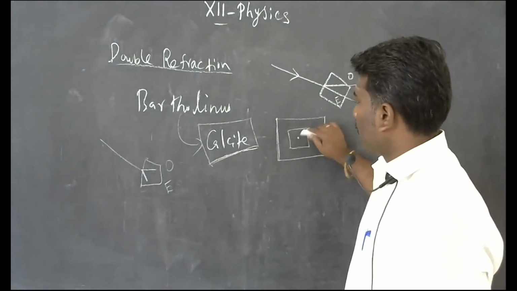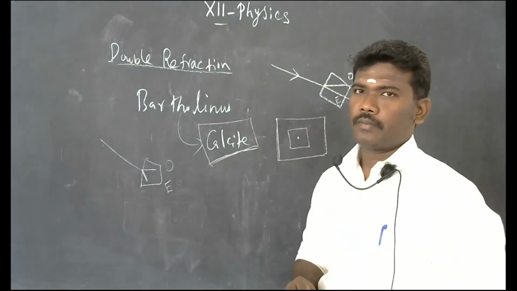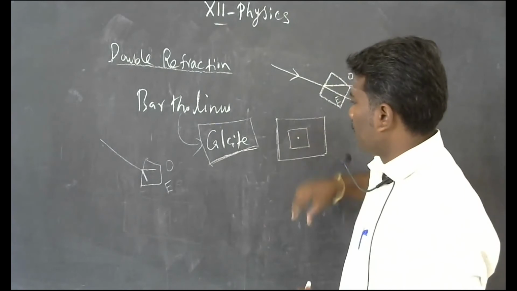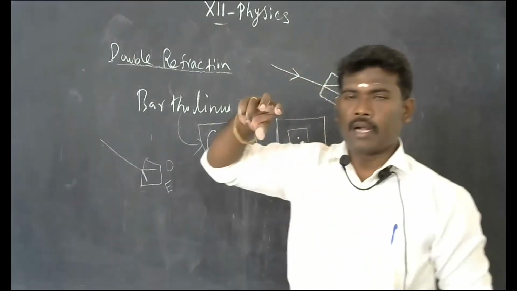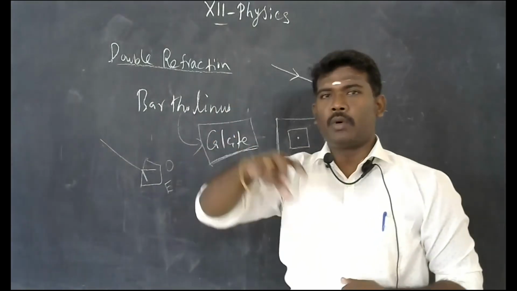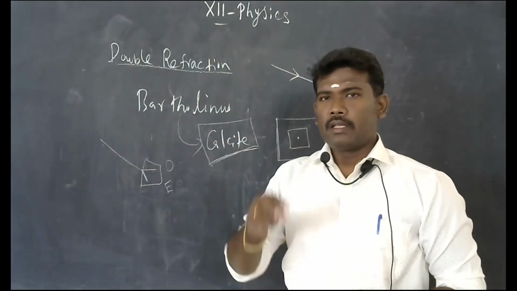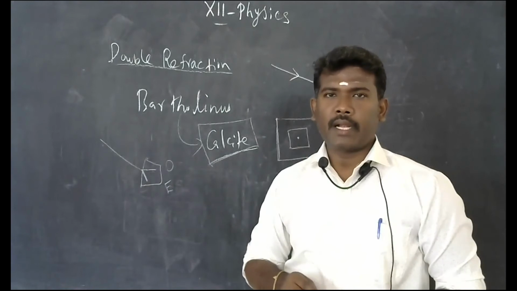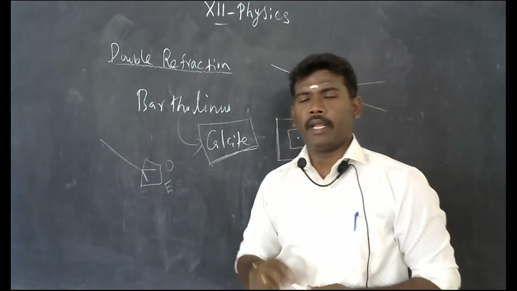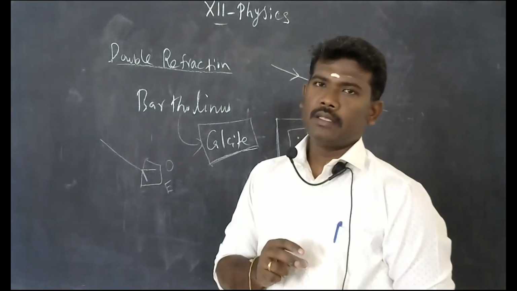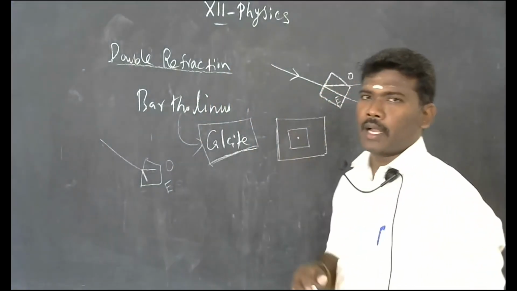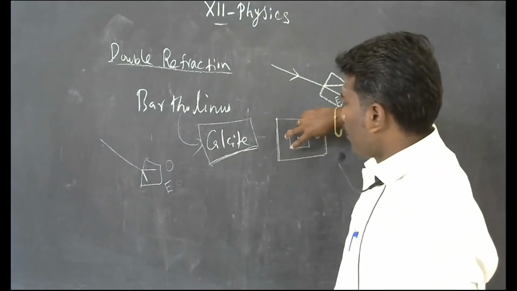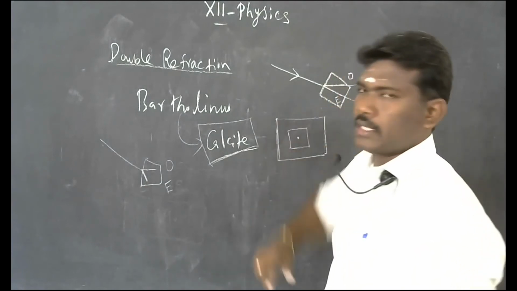Now I am going to rotate the crystal. Whenever you keep the calcite crystal just above the dot mark, the dot point acts as an object. Definitely it produces an image whenever you look at the upper part of the calcite crystal. So now I am going to rotate the crystal.